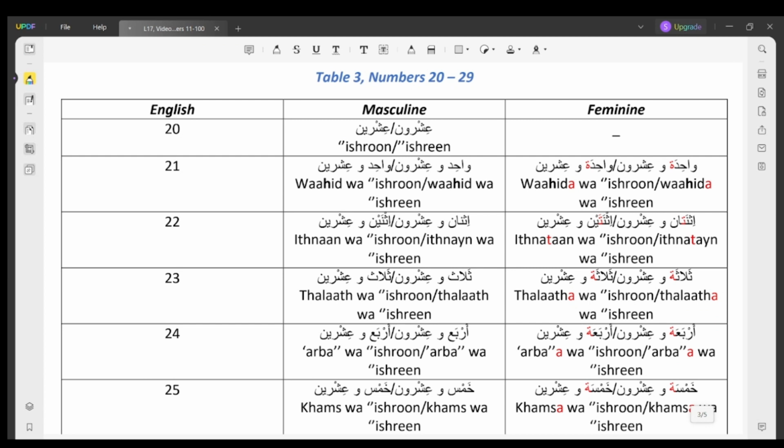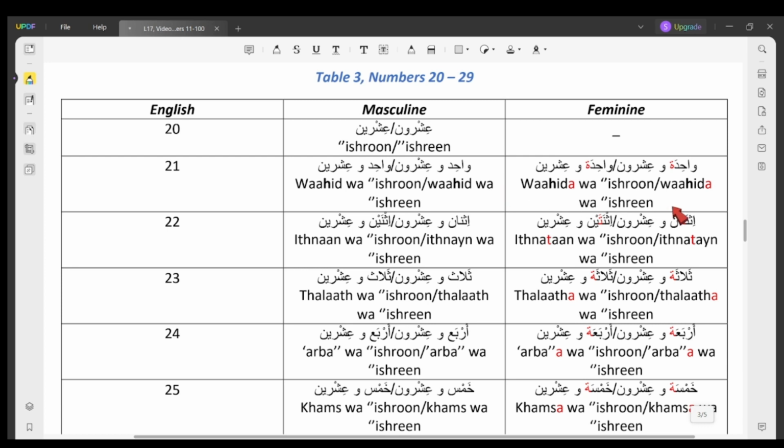Anyway, let's go to Table 3 and start with the number 20. عشرون or عشرين. Now let's see how we can say 21. واحد وعشرون or واحد وعشرين.